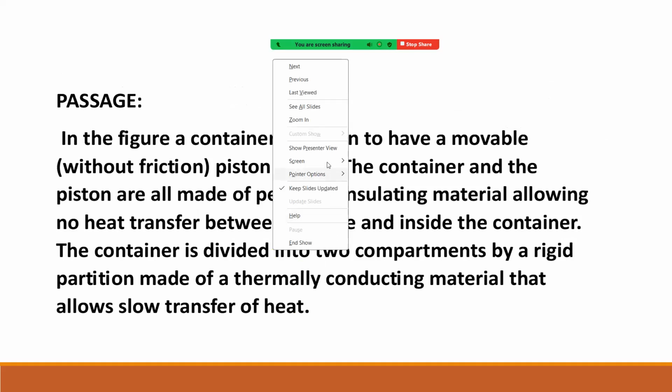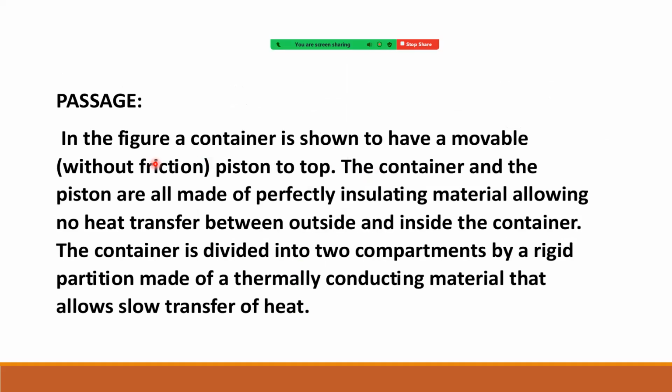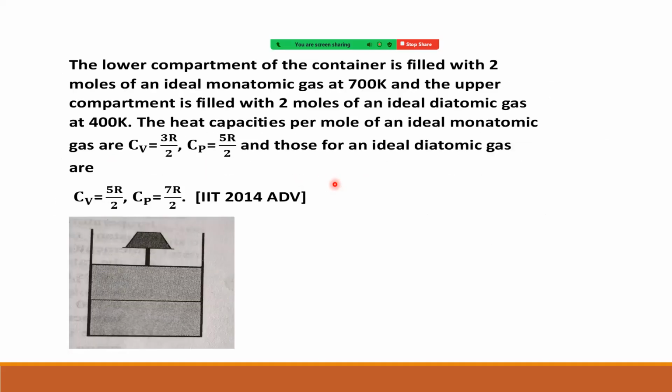Alright, see the question carefully. In the figure, a container is shown to have a mobile piston on top. See the diagram for this one. This is now a container having a piston which can move without friction. And given this piston and this container both are insulating ones. That means from system to outside or outside to system, no heat transfer, means Q value 0.